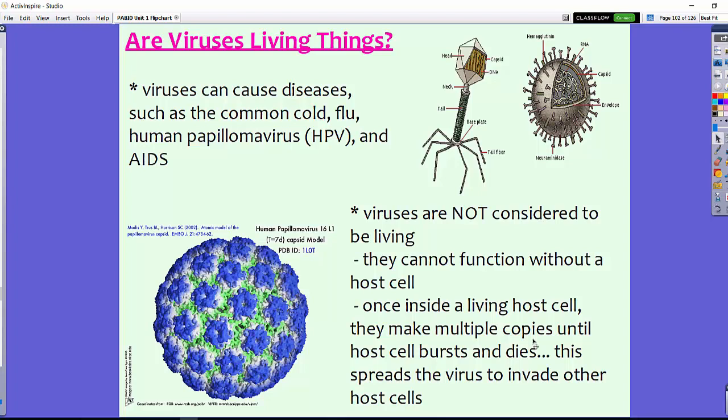When you get sneezed on, or when you maybe grab a door handle that has a flu virus on it, that's how it can enter into your system. And for humans, we have our immune system, which helps along fighting this, but sometimes it does get a little overwhelmed and we have some symptoms of that disease. So the answer to this question is no, viruses are not living things.